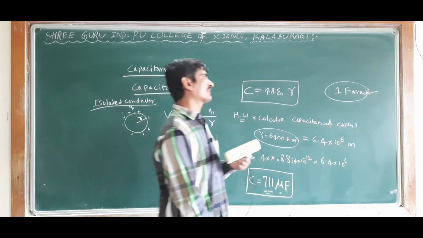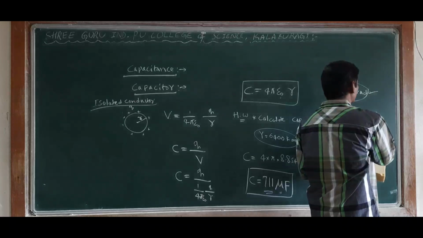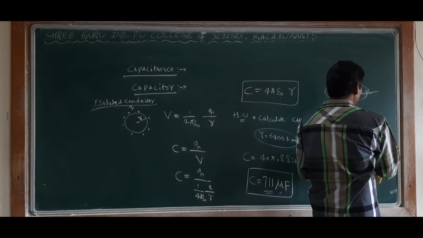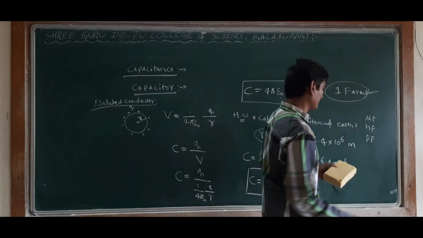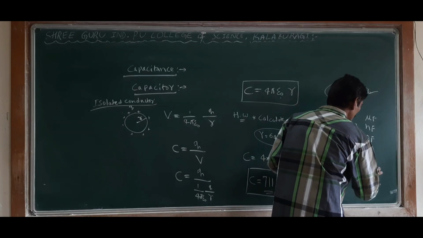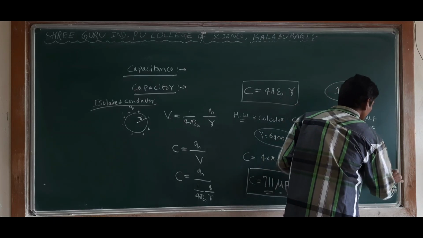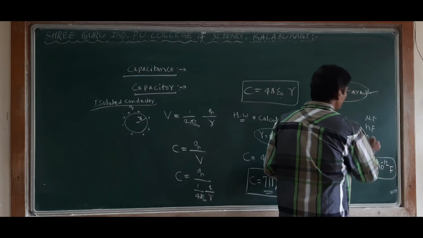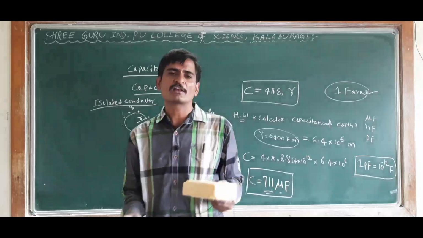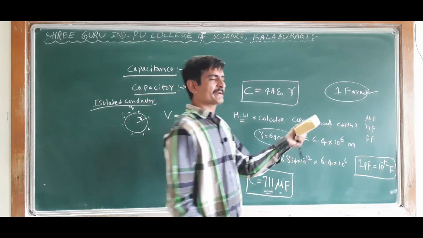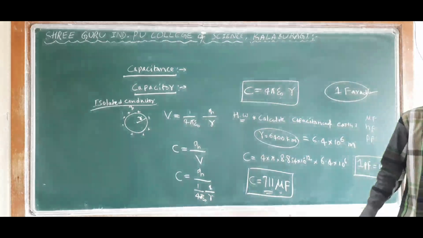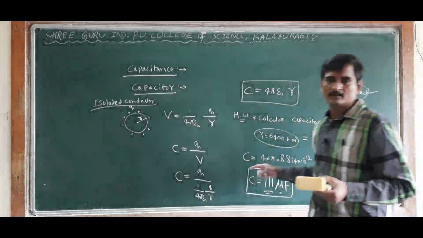The smaller units of capacitance are used, that is microfarad, nanofarad and picofarad. 1 picofarad is equal to 10 to the power minus 12 farad. So we will be using different smaller units of capacitance, because 1 farad is a very large unit.